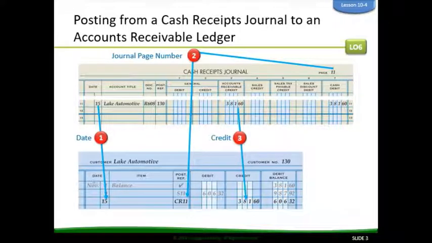You're going to bring the accounts receivable credit entry down to the credit column on the accounts receivable ledger. And then you're going to balance the account. So it's a debit balance account, and you made a credit entry, so you are going to subtract.